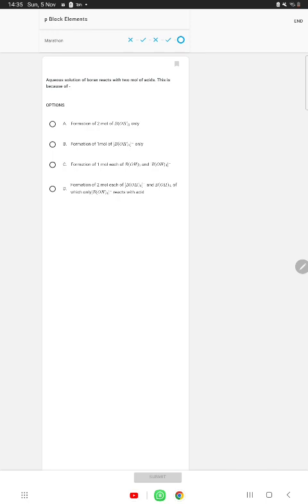Aqueous solution of borax react with 2 mole of acid. This is because aqueous solution of borax react with 2 mole of formation of 1 mole each BOH thrice and BOH 4 times. Formation of 2 mole each BOH thrice.